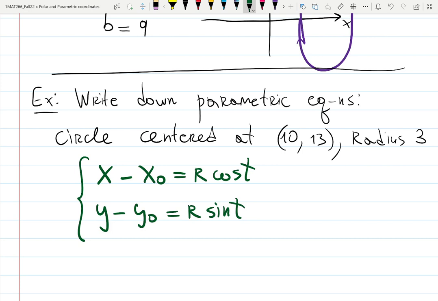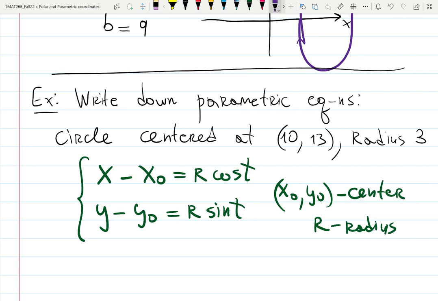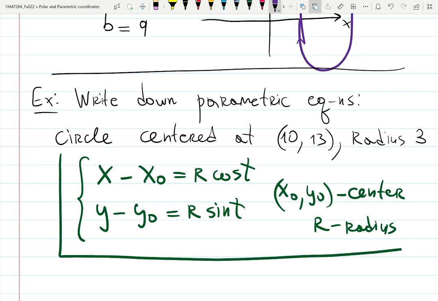And this takes us nicely to 9.3, which is polar equations. We're not going to start it right now. The center here is x sub 0, y sub 0, and r is the radius. We're going to rename t to be theta next week.